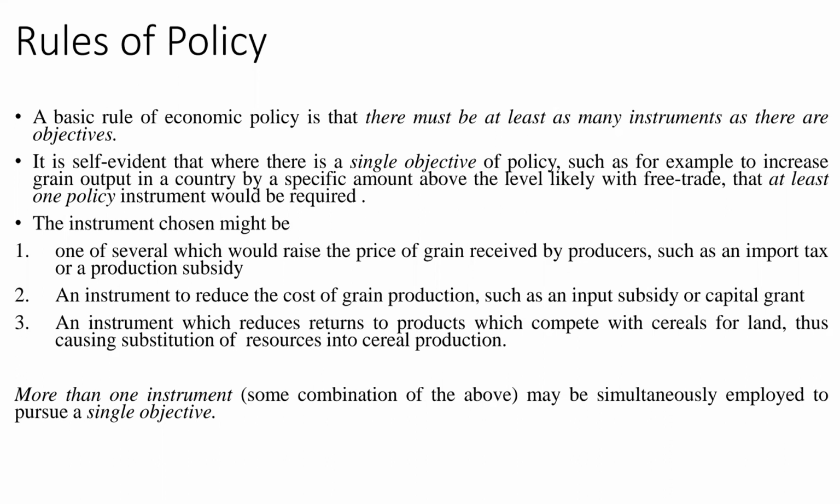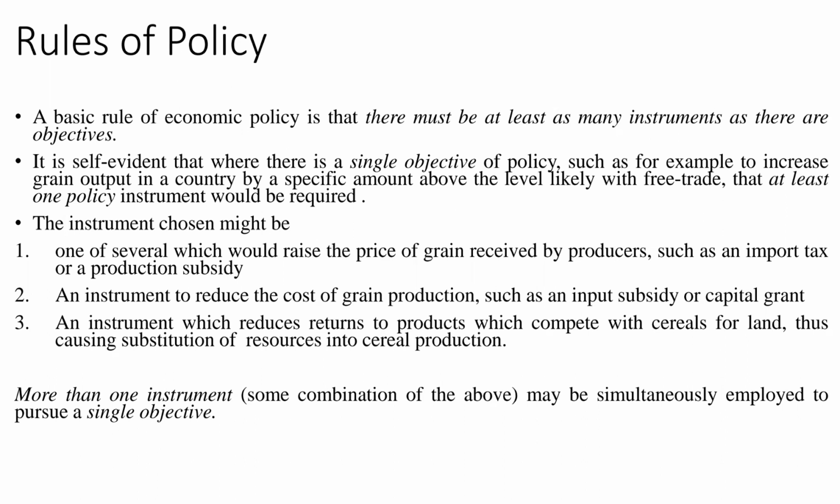The instrument chosen might be one of several. One would raise the price of grain received by producers, such as an import tax or production subsidy. Another would reduce the cost of grain production, such as an input subsidy or capital grant.